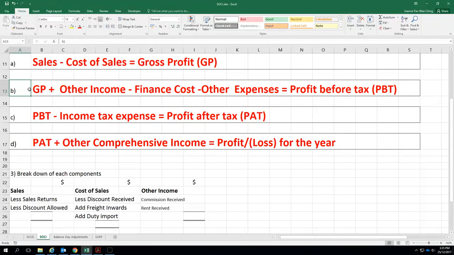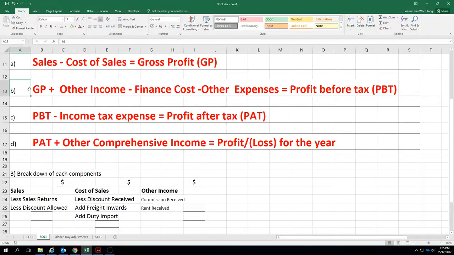Alright, that's the second equation. The third equation continues with profit before tax minus income tax expense equals profit after tax. And the fourth equation, profit after tax plus other comprehensive income. So the question would be, what is other comprehensive income?